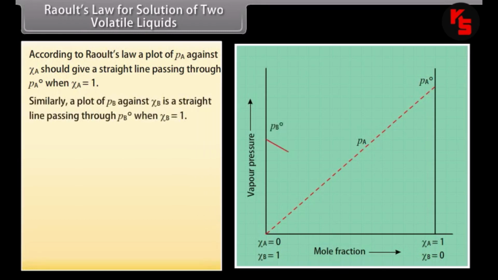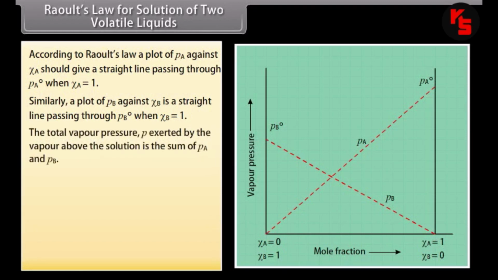Similarly, a plot of PB against XB is a straight line passing through PB⁰ when XB is equal to 1. The total vapor pressure P exerted by the vapor above the solution is the sum of PA and PB.